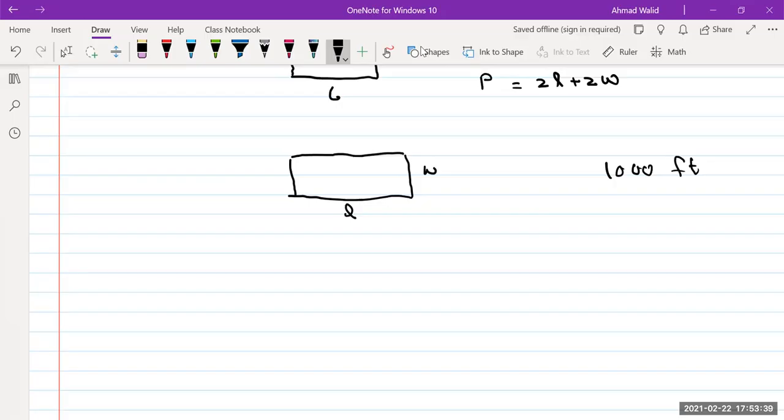To solve this problem, you need to use the perimeter formula of your rectangle, because perimeter equals 2L plus 2W. If you put 2L plus 2W equal 1,000 feet, you can easily find how much is which side. I'll not solve this. I'll just explain where you use it.